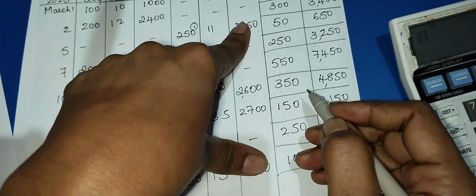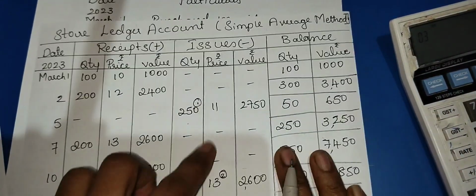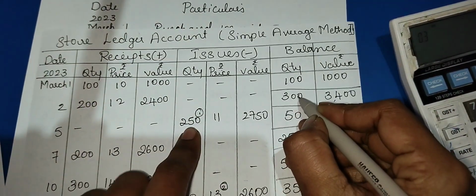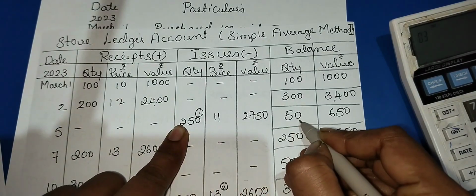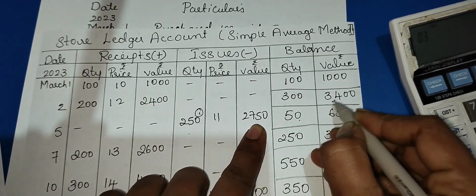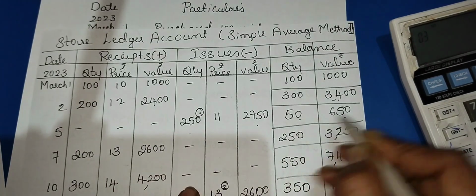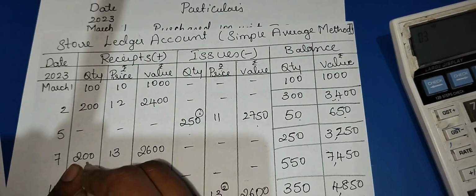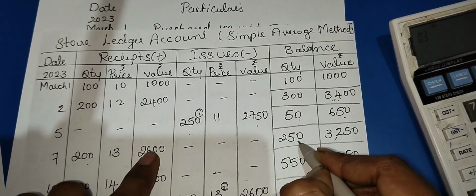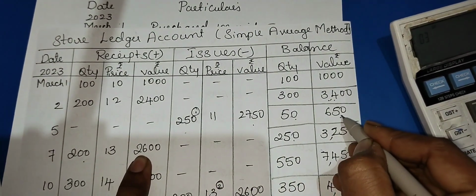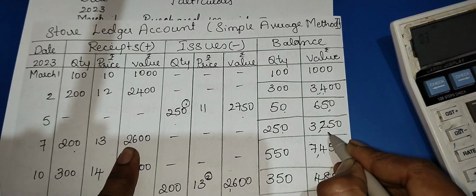Here you can see 300 minus 250 is 50, 3400 minus 2750 is 650. And here we added 50 plus 200, 250, 2600 plus 650, 3250.